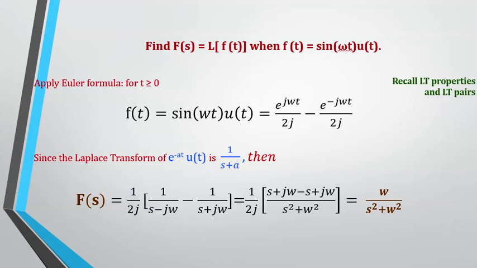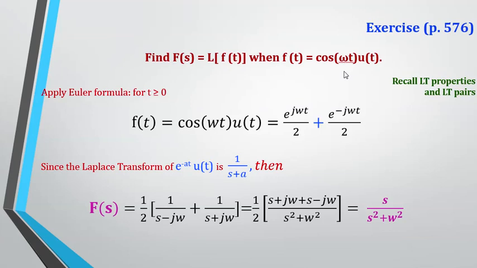Exactly the same thing can be done for cosine of omega t. Remember the Euler expansion of cosine of omega t was e to the power of j omega t over 2 plus e to the power of minus j omega t over 2, right?